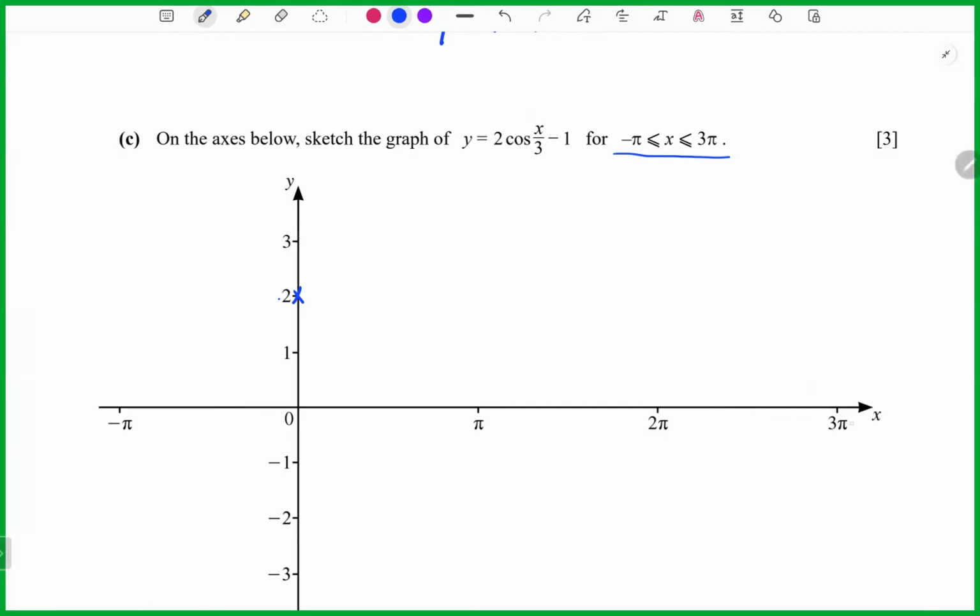If I push the 3 times here, so 15 times. Now cos pi is negative 1, so there it is negative 2.